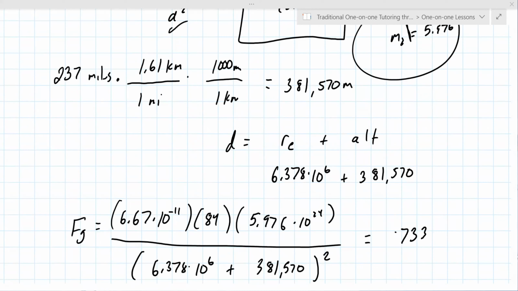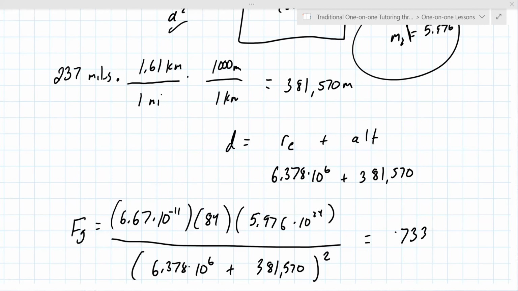6.67, 10 to the minus 11, times 84. These are very difficult to enter correctly. So on the exam, maybe enter them twice just to confirm your answer, to see if there's any possibility that you entered it in error.